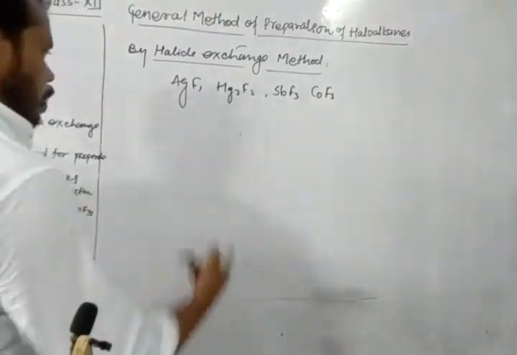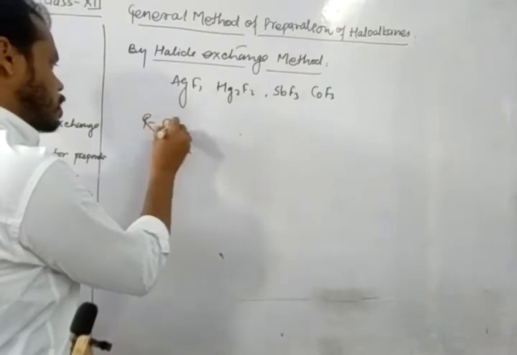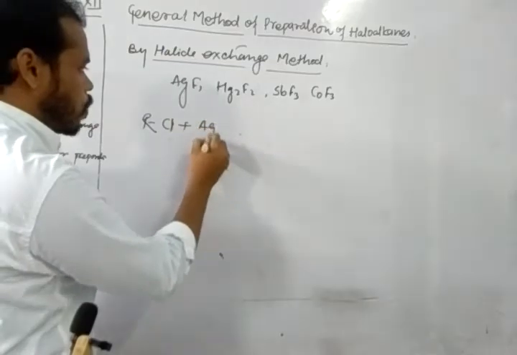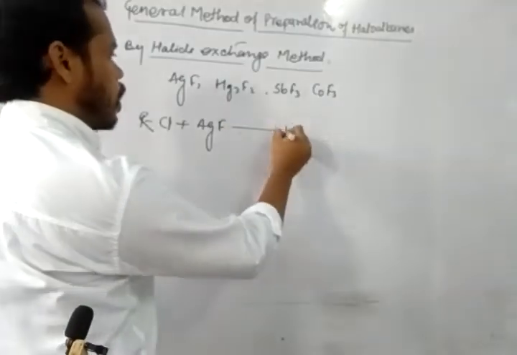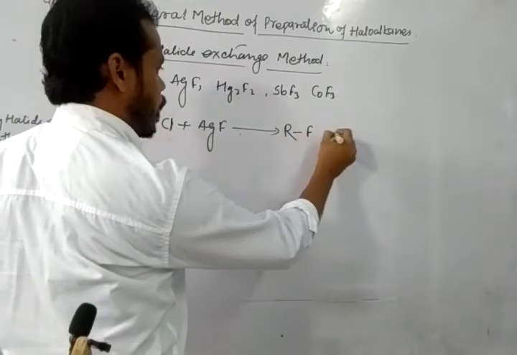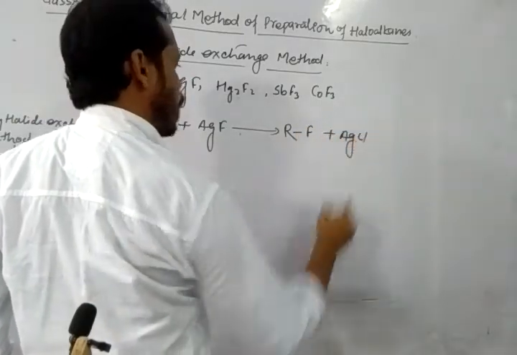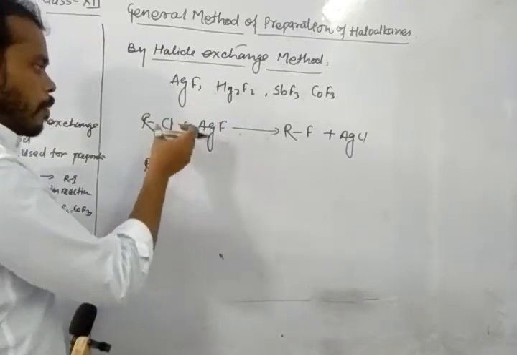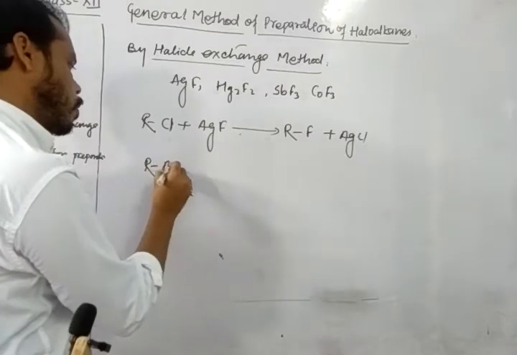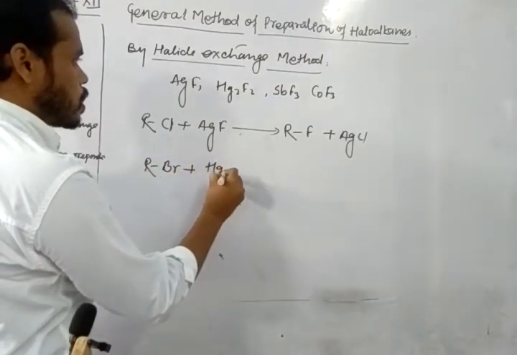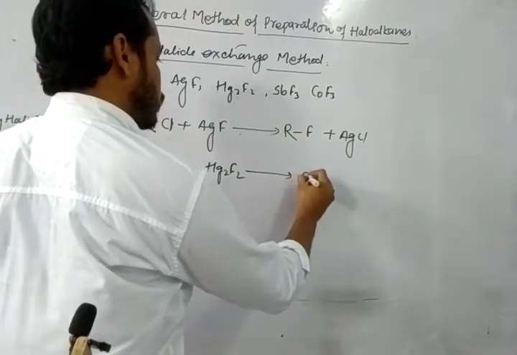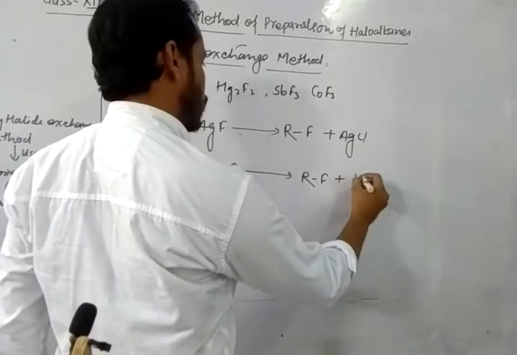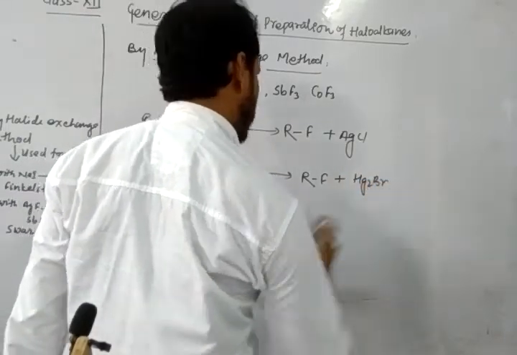Now see here, when an alkyl chloride is treated with silver fluoride, it forms fluoroalkane RF, and as a byproduct AgCl. In the case of mercurous fluoride, when alkyl chloride or alkyl bromide is treated with mercurous fluoride, it forms fluoroalkane once again and the byproduct Hg2Br2, mercurous bromide.